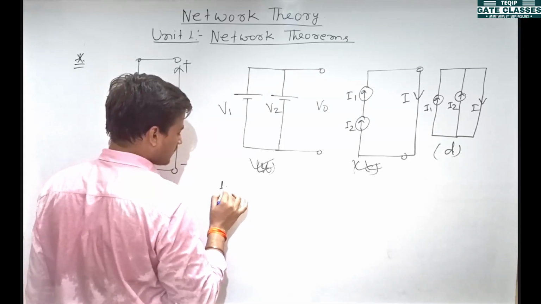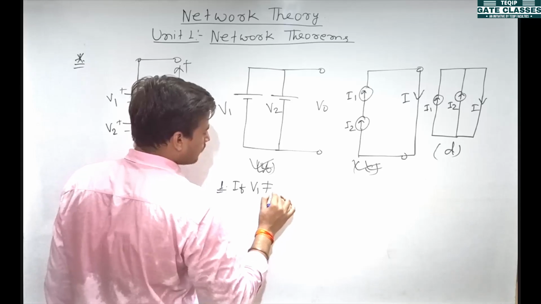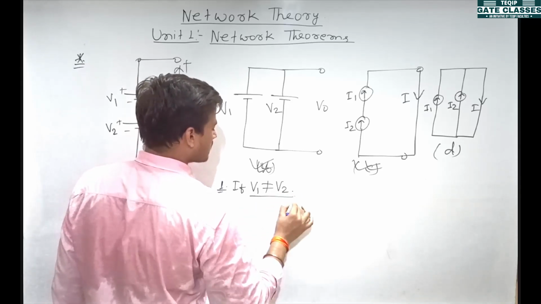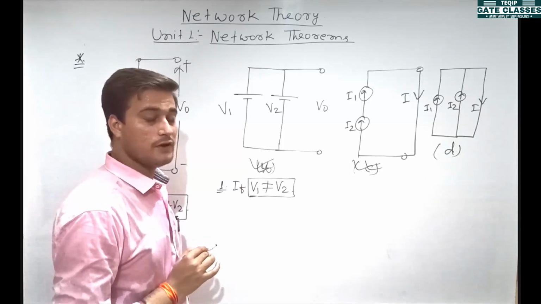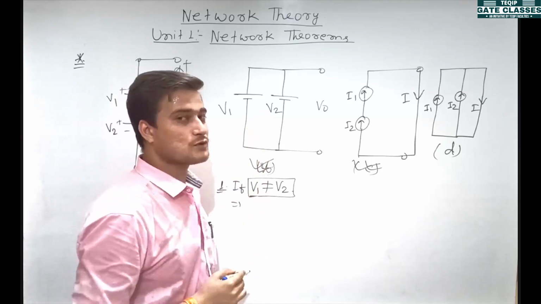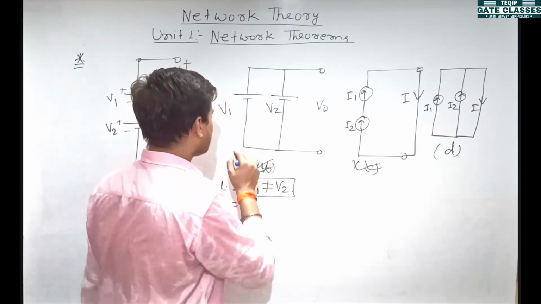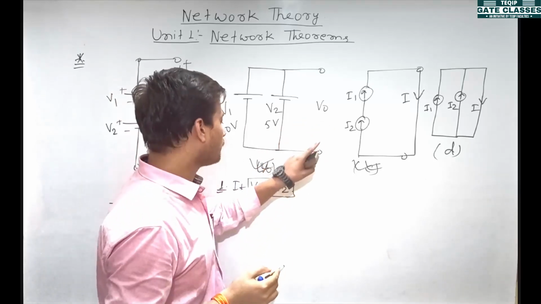The first condition is, if V1 is not equal to V2, then what will happen? Suppose this is 10 volt and this is 5 volt. Now what will be the output?